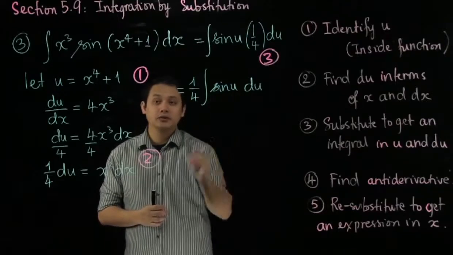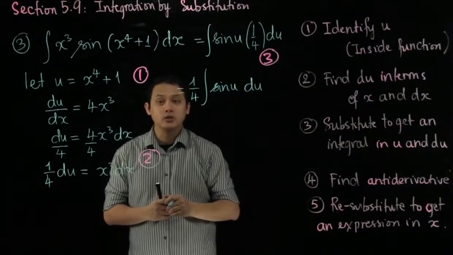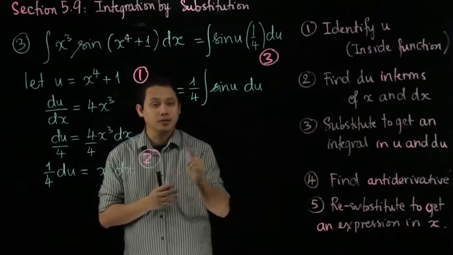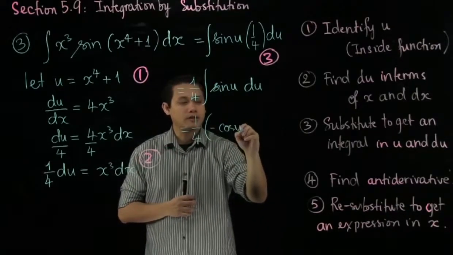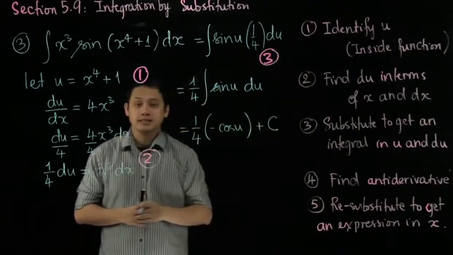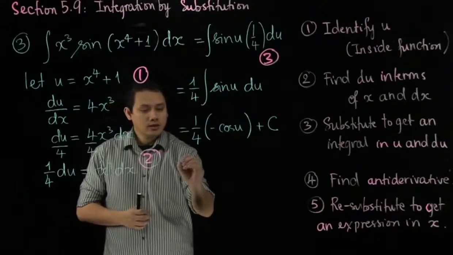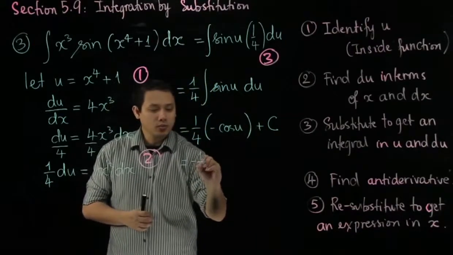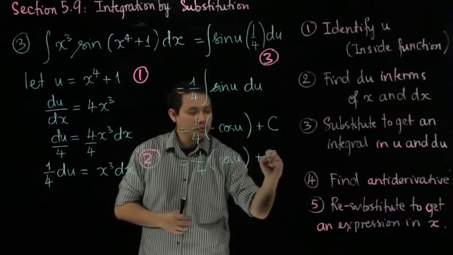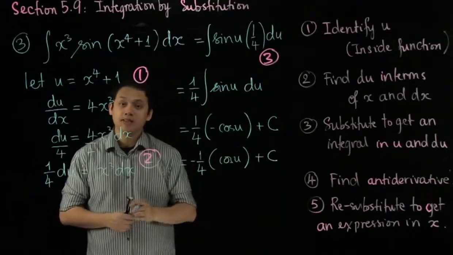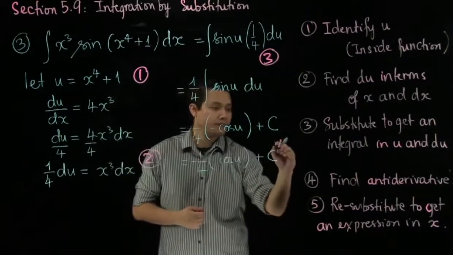Because the antiderivative of sine of u is actually equal to minus cosine of u. So this is 1/4 times minus cosine of u plus the constant. You can rewrite this as negative 1/4 times cosine of u plus the constant. This is the 4th step.